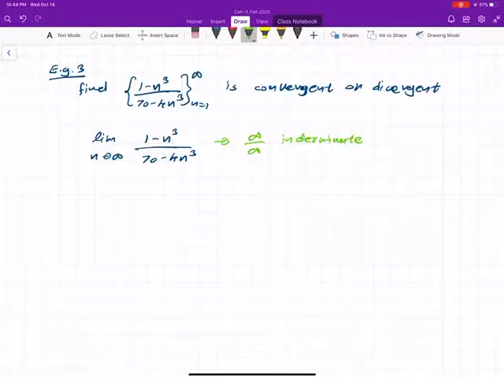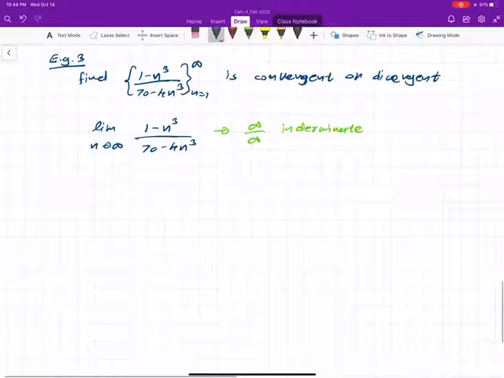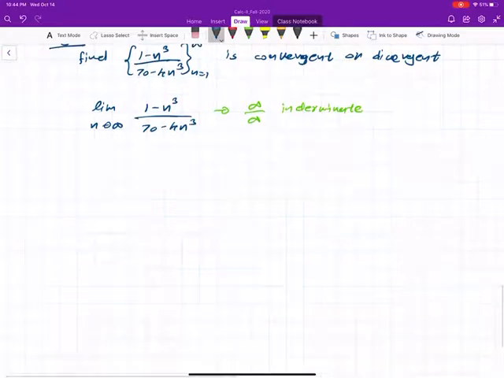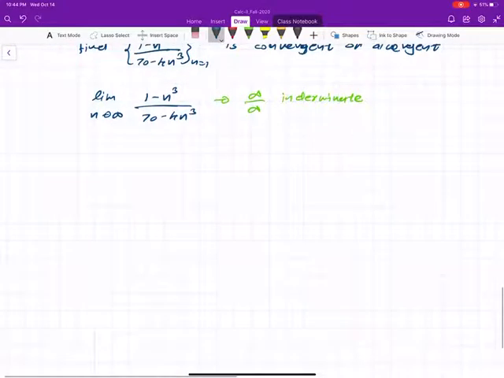Because it's indeterminate, you have to use rules of limit. First of all, to avoid this indetermination, you have to divide numerator and denominator by the highest power of n, which is n to the power 3.